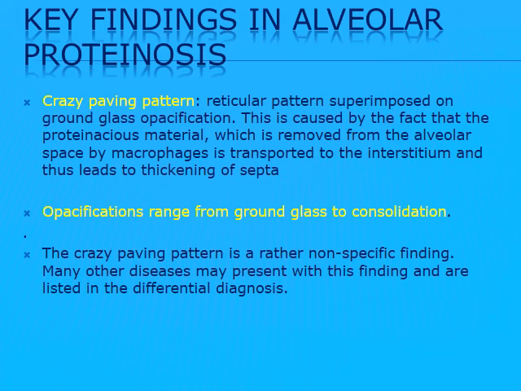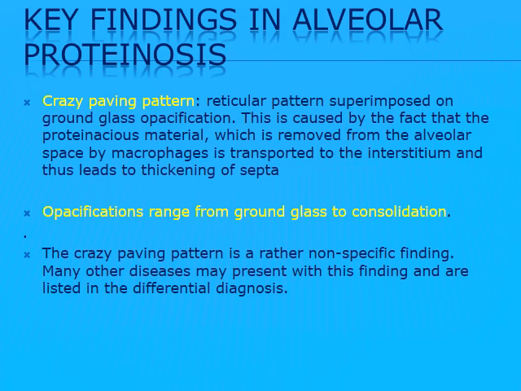The most characteristic pattern is crazy paving pattern, in which ground glass is associated with interlobular septal thickening. But we can also see ground glass opacities and consolidation. But take care, as I've told you, crazy paving is not specific only to alveolar proteinosis.